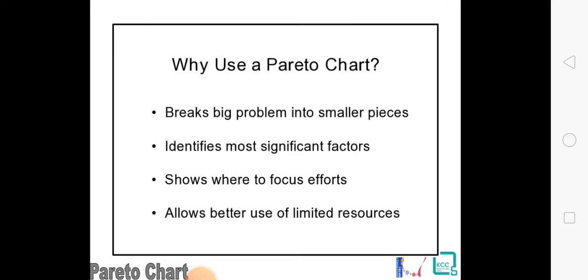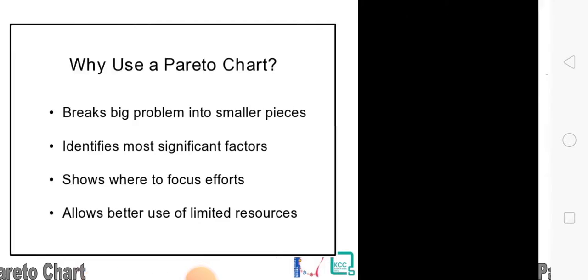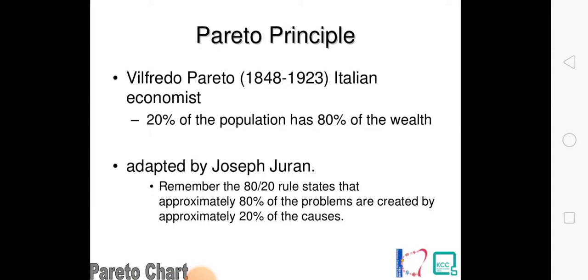It can help improve production before and after by using the Pareto chart. Here, as I said before in the history of the Pareto chart, the scientist Pareto invented this type of quality tool. He had observed that 20% of the population owns 80% of the total wealth.